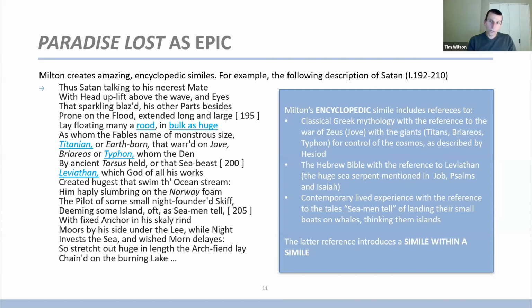Or the sea beast Leviathan, which is referenced in Job, in Psalms, and Isaiah, and is this huge beast of the sea, which God of all his works created hugest that swim the ocean stream. And then Leviathan in a way is compared to, in the next part, a whale that, in the folklore of contemporary sailors, sailors mistakenly would anchor their small vessels to.